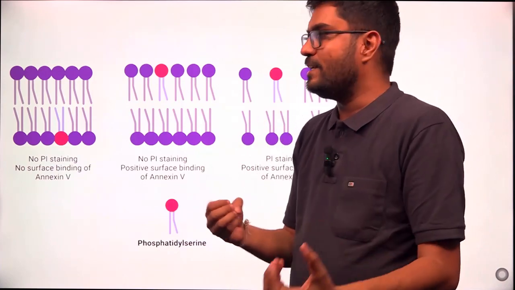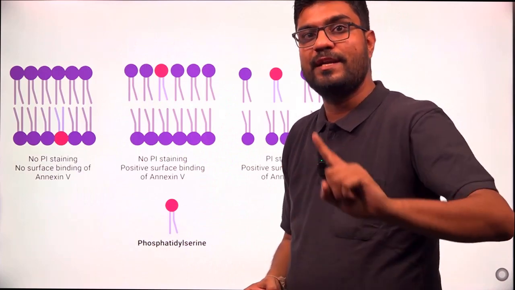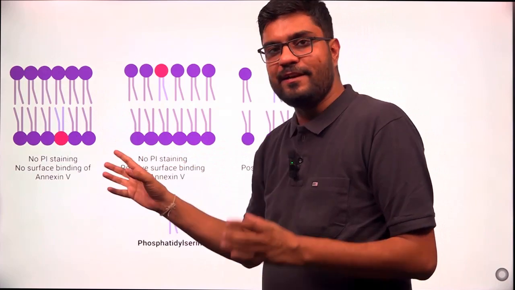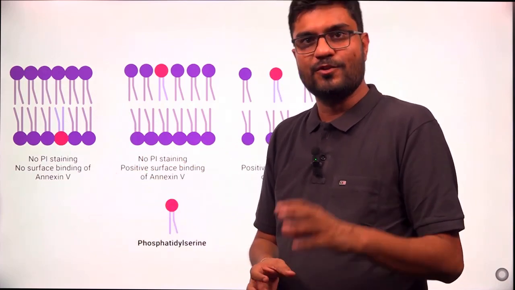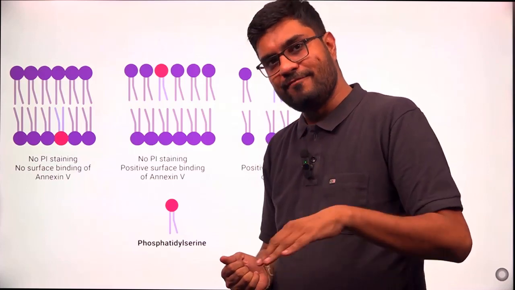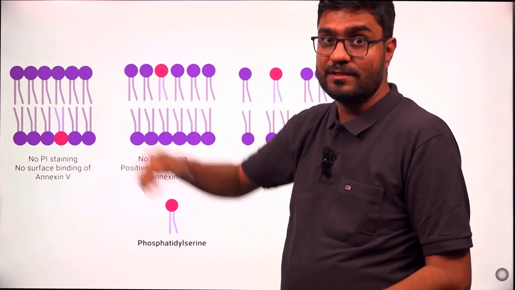So phosphatidylserine is not exposed to Annexin-V, so there will be no Annexin-V binding, right? The membrane is integral. There is no permeability for propidium iodide. So the propidium iodide staining will not happen because propidium iodide will not be able to go inside the cell.